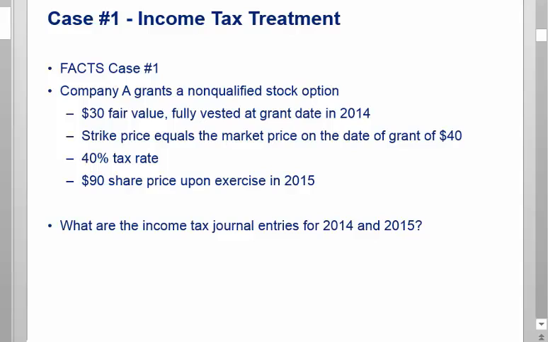I can't just let it sit there. So I got to credit DTA. I got to get rid of my DTA. And now I'm left with I need a debit to balance the entry, right? So the question is, do I debit provision because I have no APIC pool? Or do I debit equity because I do have an APIC pool?